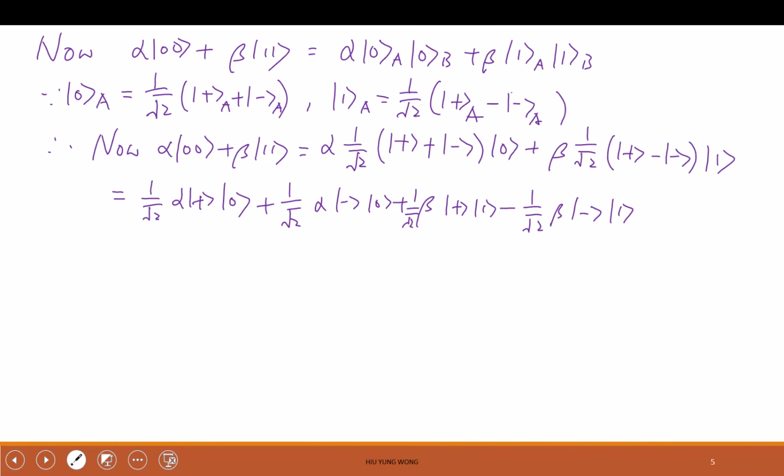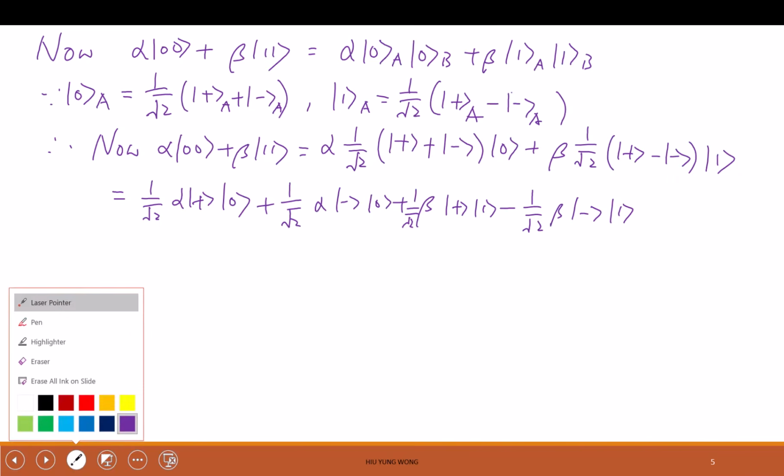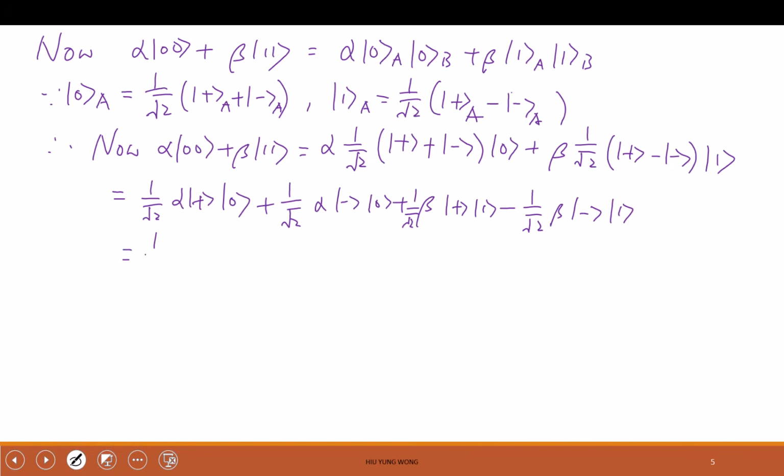And now I'm going to group them. I want to group the plus term together. So this is equal to 1 over square root 2. I can factorize the plus, so this becomes plus, and then alpha |0> plus beta |1>. That was my mistake last time.